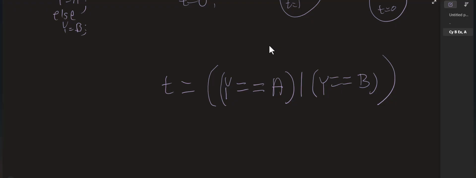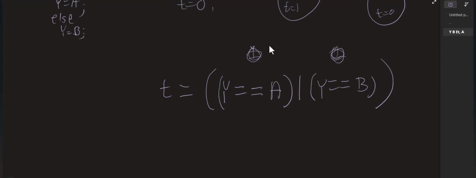If y equals A, then this has the value of 1. If y equals B, then this has the value of 1. And a 1 or a 1 is a 1, or if one of them is 1 and one is 0, that still has the value of 1. But if both of them are false, they both are equal to 0, and then t equals 0. So I could do this in one line without having to do an if-else.